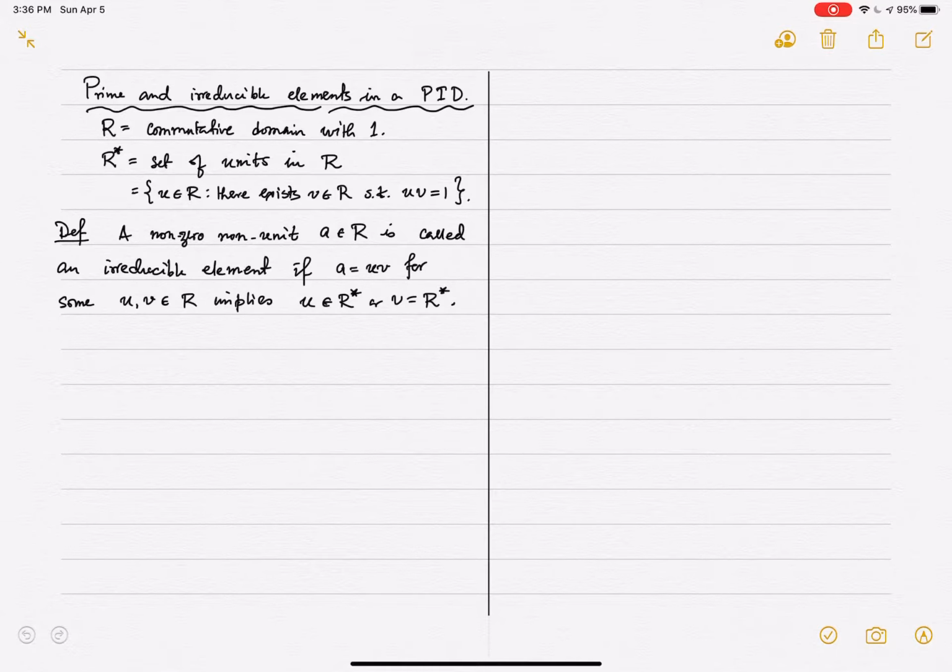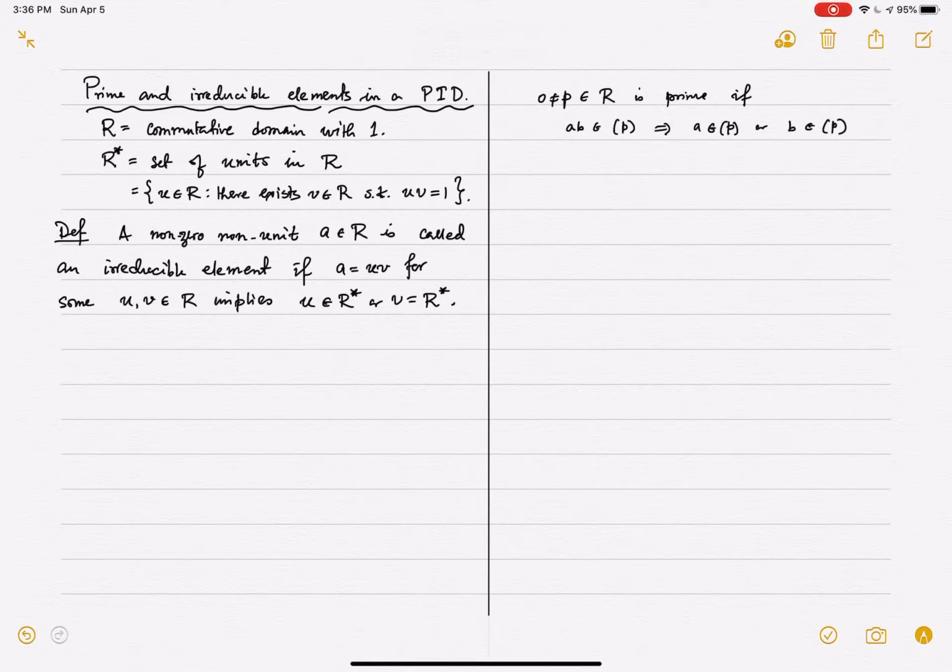So I want to compare prime elements and irreducible elements. Prime elements we introduced last time. An element in a ring is prime if the corresponding ideal is prime. So whenever a product is in the ideal, then one of them is.